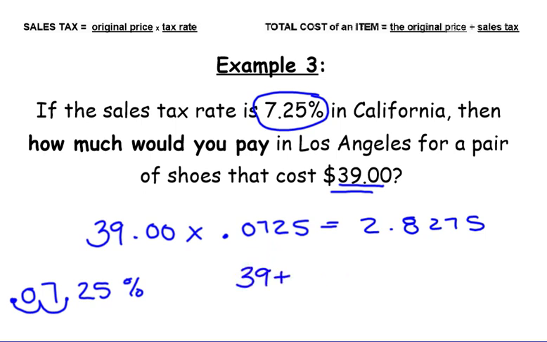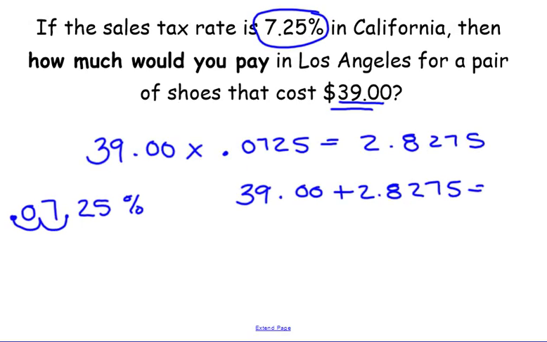So 39, and let me put my decimal point there. You don't need it, but just to be clear. So $39 plus 2.8275. Add those up. And you should get 41.8275.